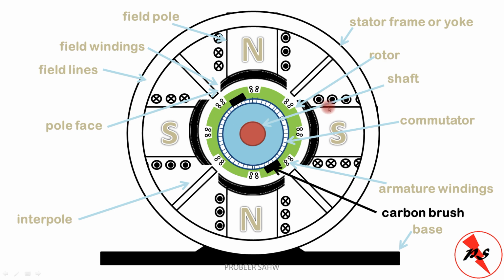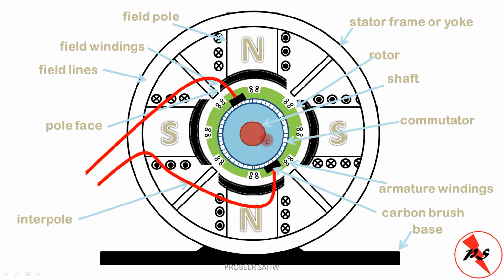How that works, we will cover in the operation part in some other video. These carbon brushes press against the commutator. When current goes to the commutator and then to the carbon brush, there are chances that a few sparks will occur, due to which the carbon brushes wear out and we have to replace them from time to time. So these are all the different parts of a DC machine.